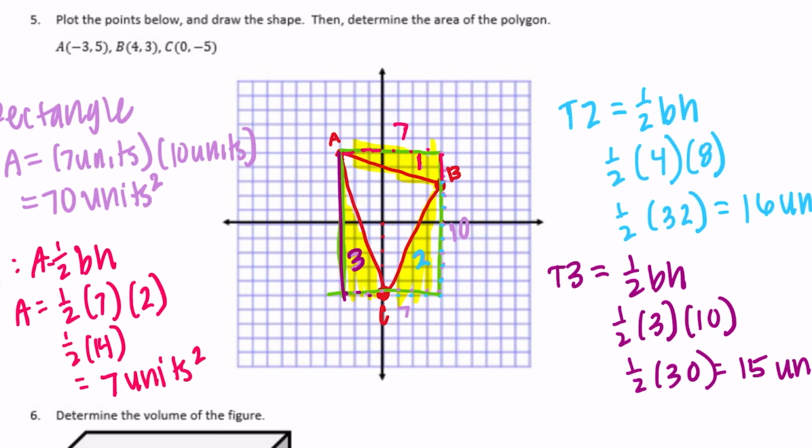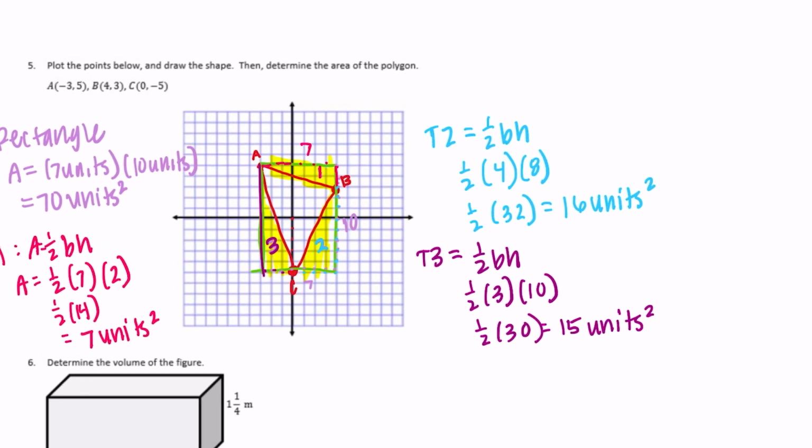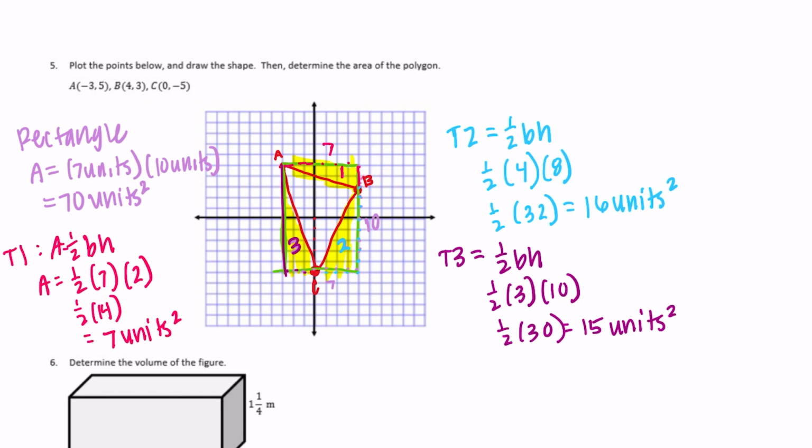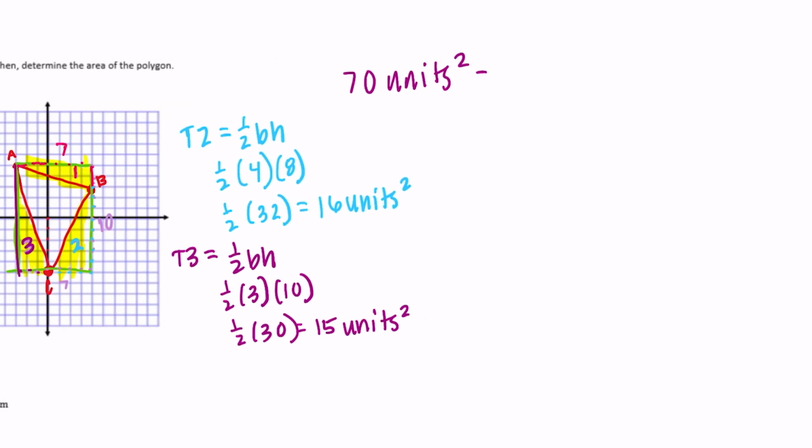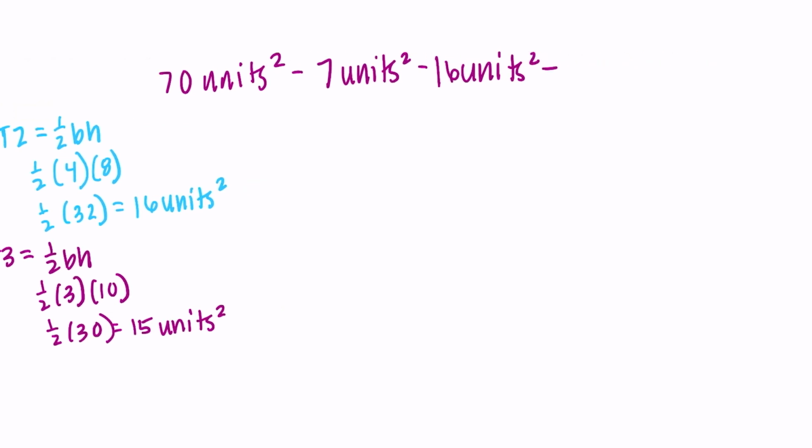So now we have all this, we know what the whole thing is, we know what the surrounding things are, so we're just going to take the whole rectangle and subtract all of these units out. So we have 70 units squared minus 7 units squared minus 16 units squared minus 15 units squared.